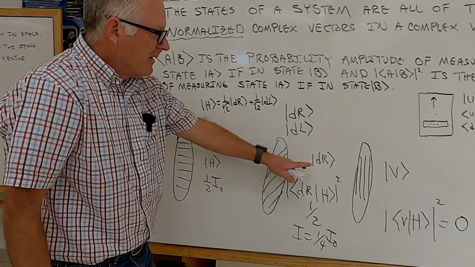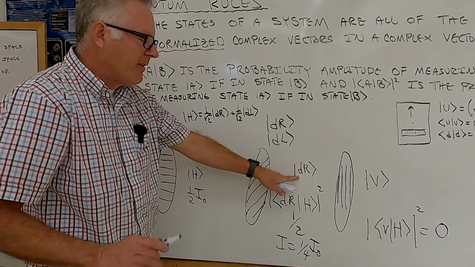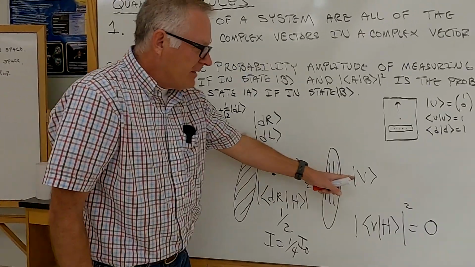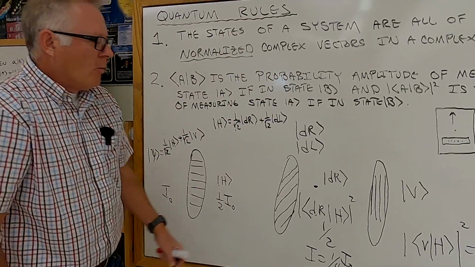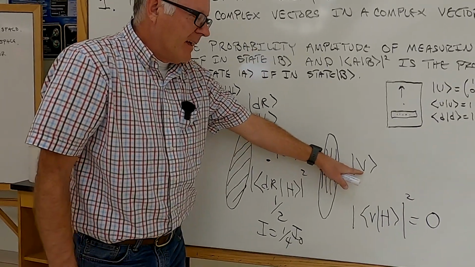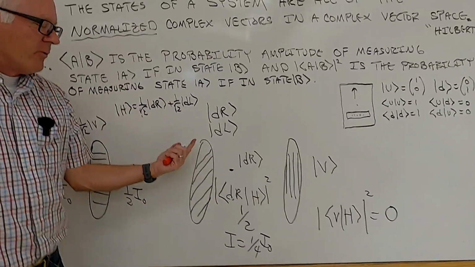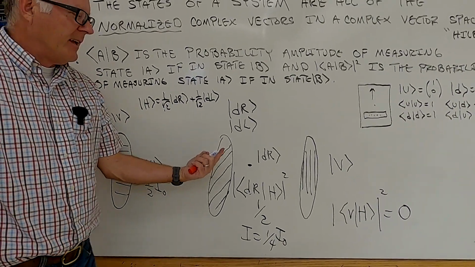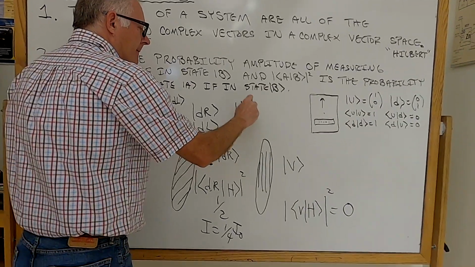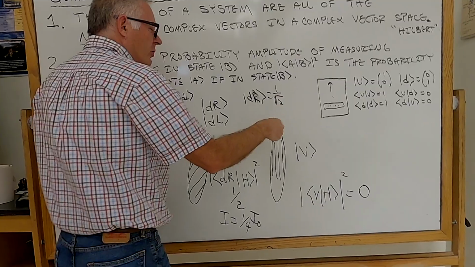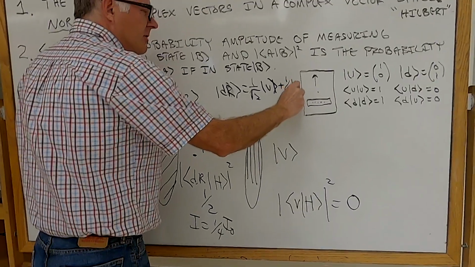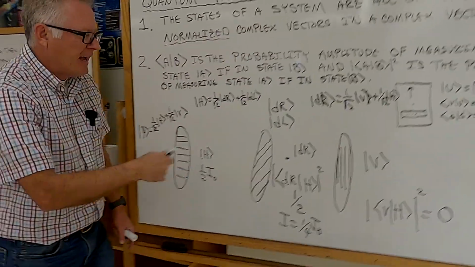Okay, and now we're in the state diagonal right. Now I need to know how much I get through this one right here. I could write diagonal right in terms of H and V. Since it's 45 degrees, I could write diagonal right as 1 over the square root of 2 V plus 1 over the square root of 2 H. Since it's at 45, it's equal amounts.